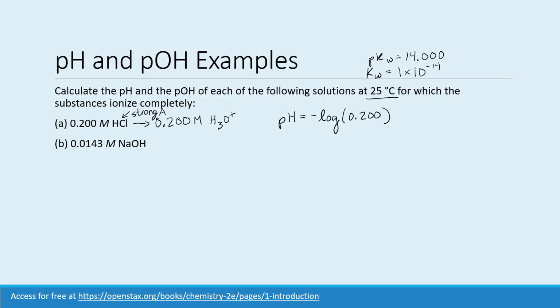The number of sig figs in our ion concentration values is going to be equal to the number of digits after the decimal in our pH and pOH values.